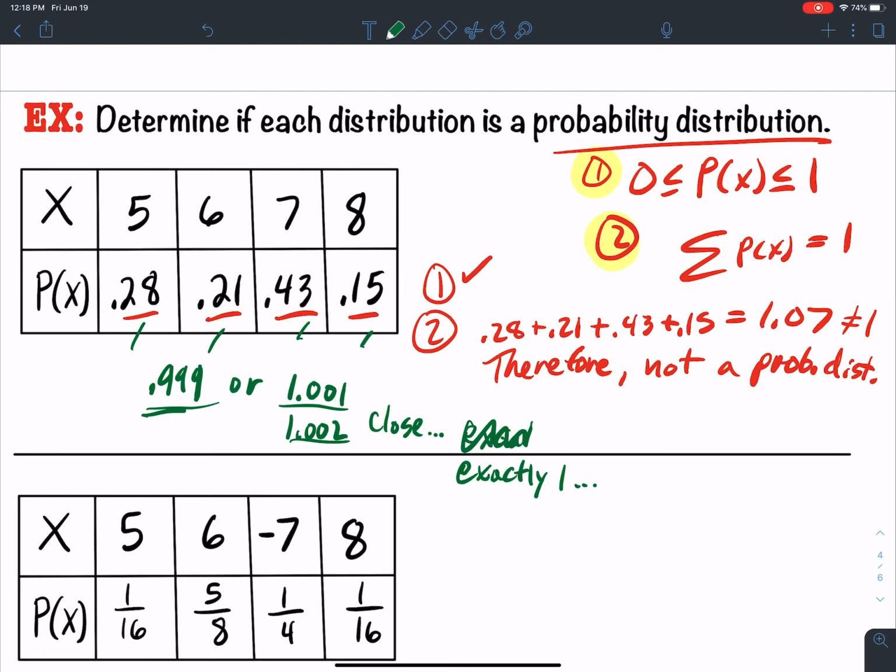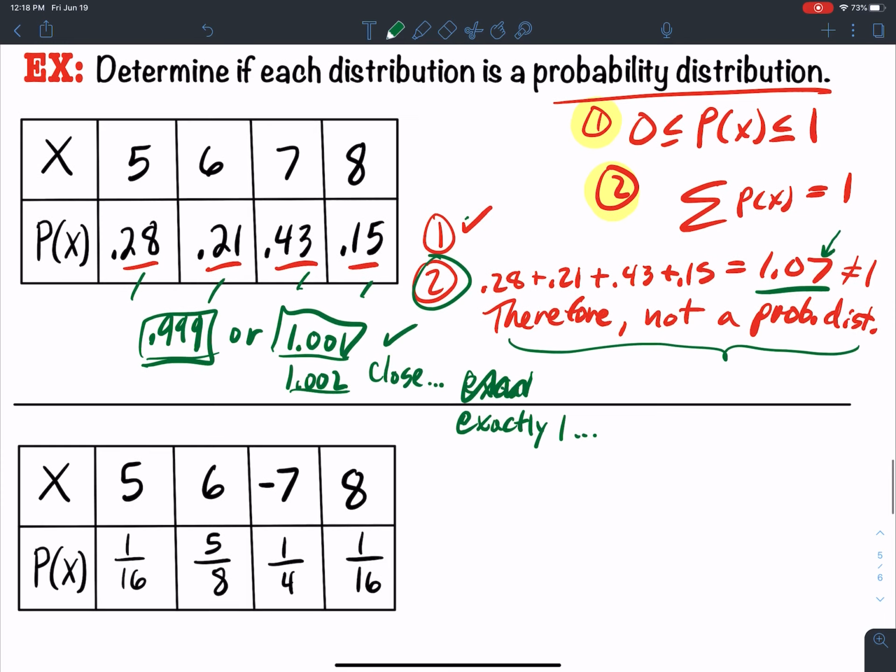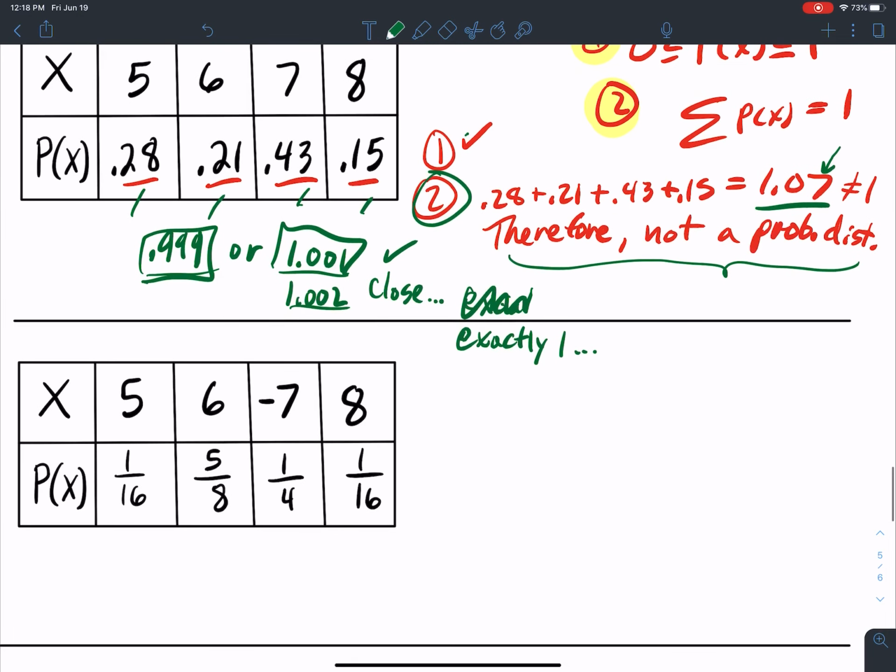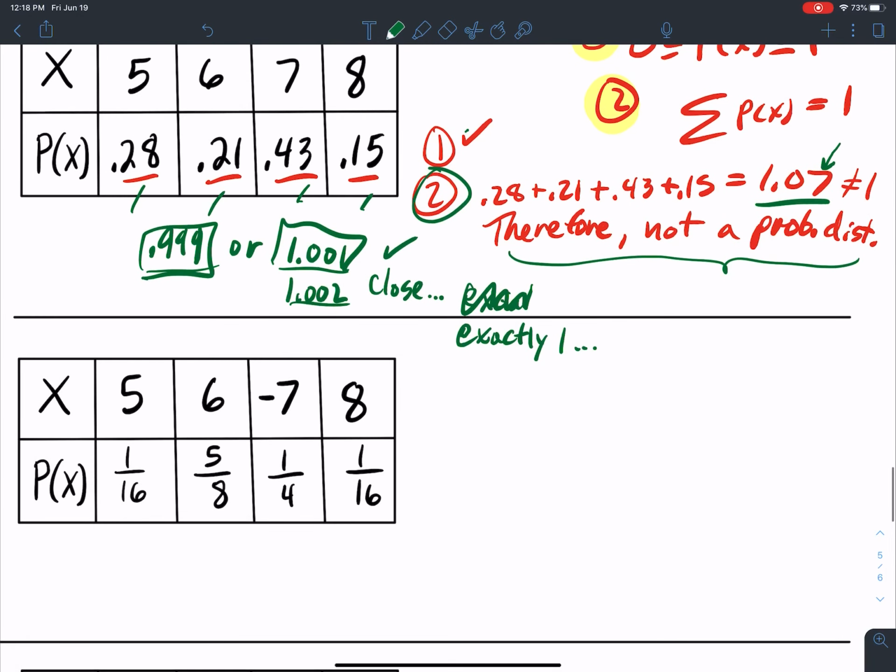So if you're this close, then that's going to be okay. But if you're off by that much, that's definitely telling you there's something wrong going on. Okay? So when you're showing that it's not 1, then all you have to do is prove one of them. We don't have to write out everything for the first part if it's not 1. So first thing I do is I just check to see if it even is 1.